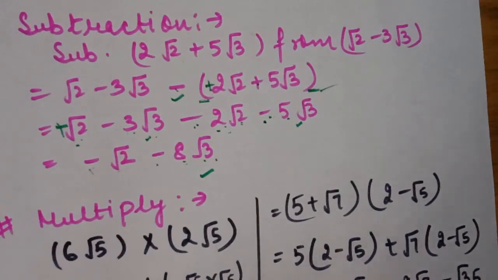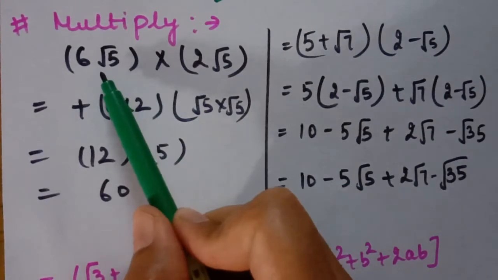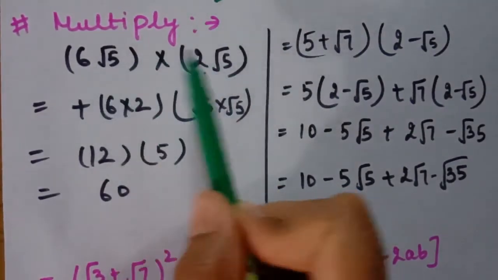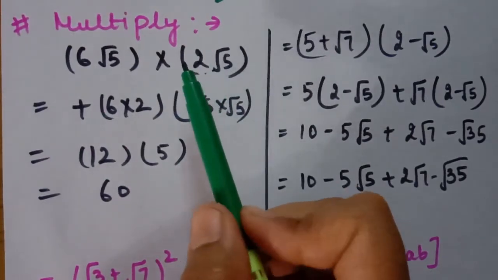So these two types are based on addition and subtraction. Now we will switch to multiplication. In multiplication, same as before, we take an algebraic expression, and when we multiply these two numbers, we have one rule only.